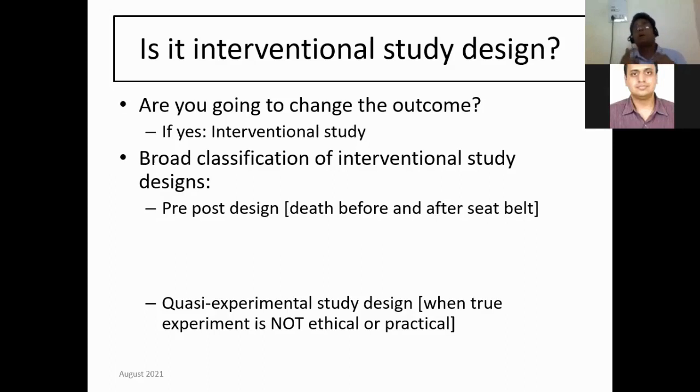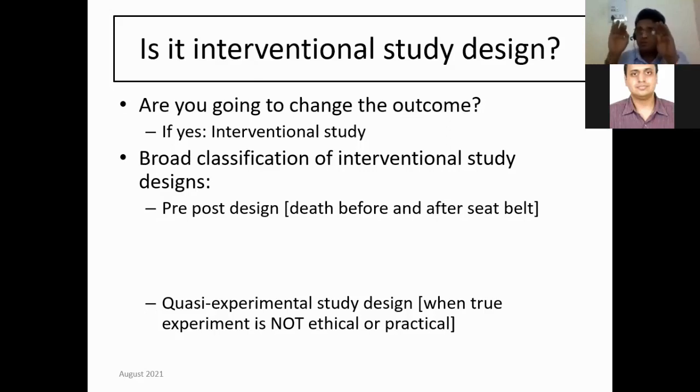Then you go back and start thinking that yes, a few of my consultants give this psychotherapy and a few of my consultants do not give this psychotherapy. So let me see the outcome of those people who have been given that psychotherapy and those people who have not been given the psychotherapy.